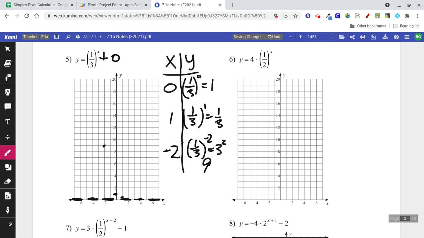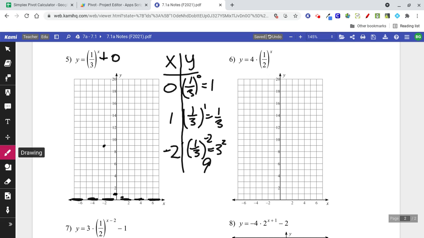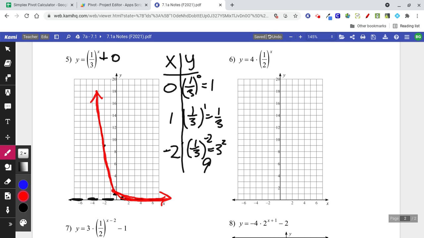Okay. 3 points is definitely good enough to see what happens. It's flat on the right side this time. Okay. Try and draw a smooth curve. Mine doesn't look that great, but try your best.